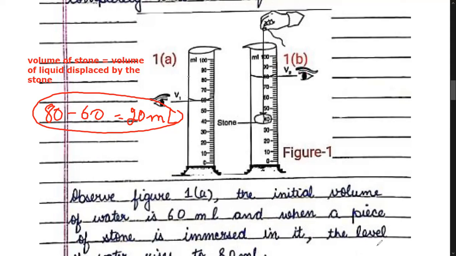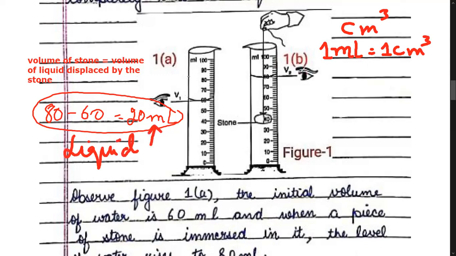Here, we will be measuring solids in centimeter cube. We have also read last time that 1 milliliter is equal to 1 centimeter cube. Liquid's volume risen is 20 milliliter. So what will be the volume of stone?